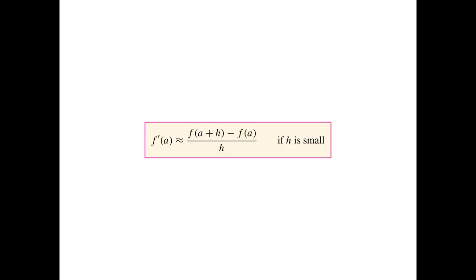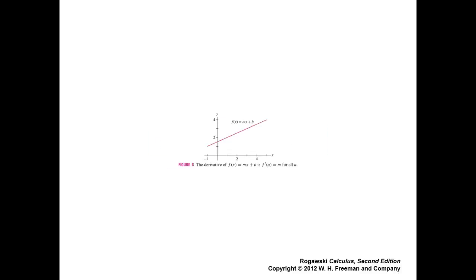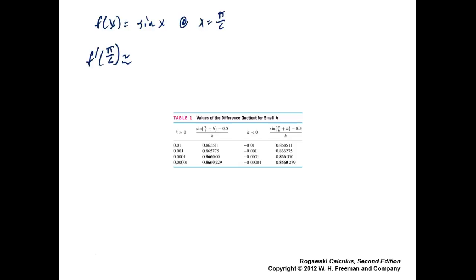Okay, let's go back and write that somewhere here. Oh, I'm going back the wrong way. Sorry. Here we go. So that's going to be about f of pi 6 plus h minus f of pi 6 over h.